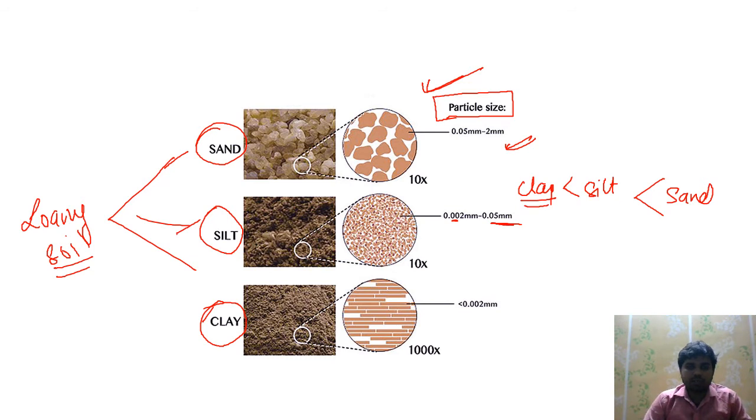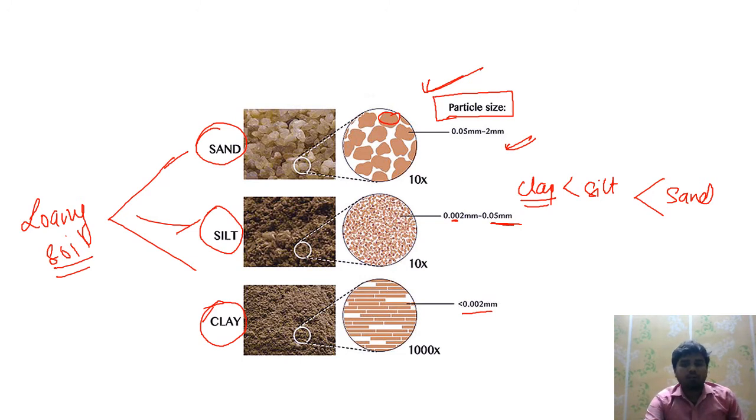The size of the sand particle is 0.05 millimeter to 2 millimeter, the size of silt is 0.002 millimeter to 0.05 millimeter, and for clay it is less than 0.002 millimeter. In some places there is a mixture of all of these, containing sand, silt and clay. Such soil forms the loamy soil.